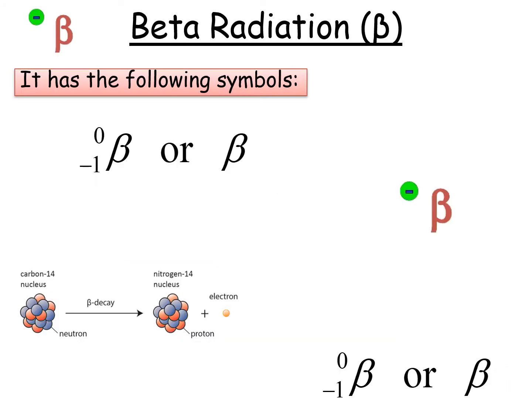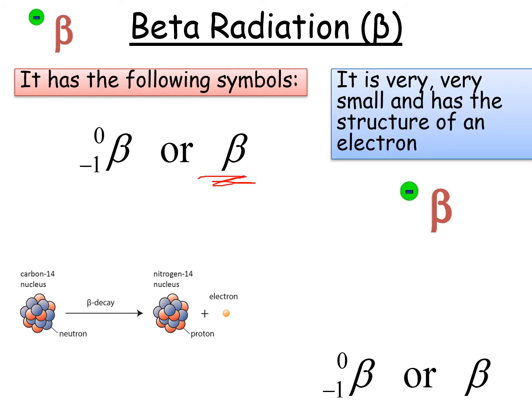Okay, the next type of radiation is beta radiation, and it has the following symbols. This is the Greek letter for beta, and again, the one we'll probably use the most is this one here. Beta radiation is very, very small, and this is because it's made from electrons. In fact, it's a beam of electrons.